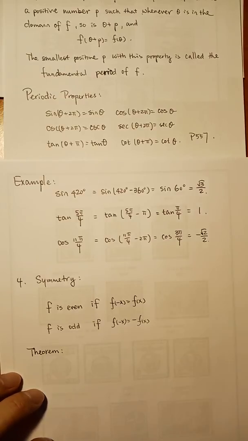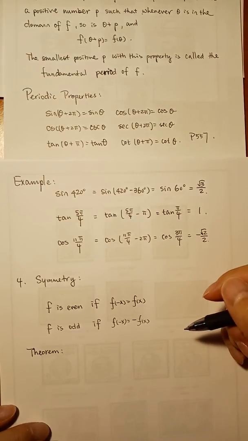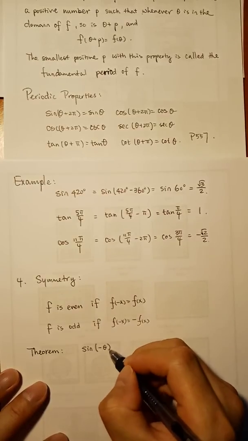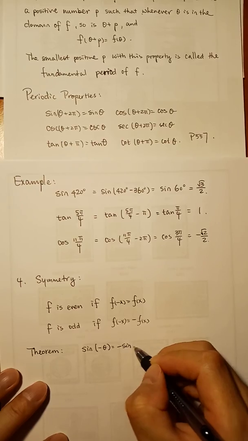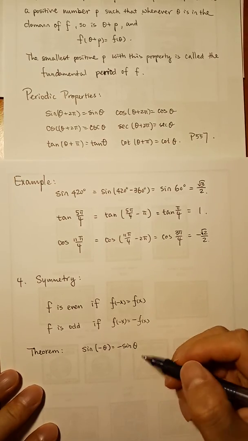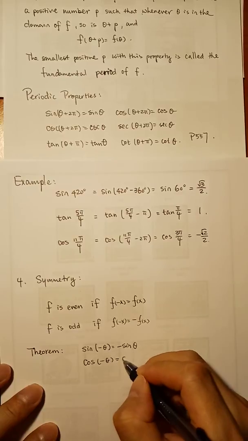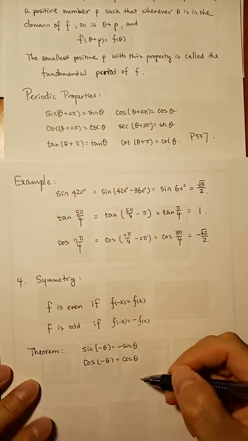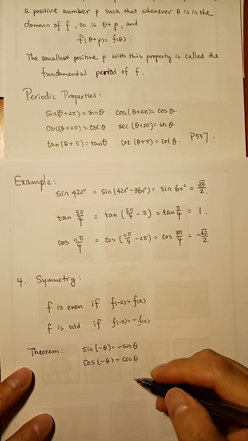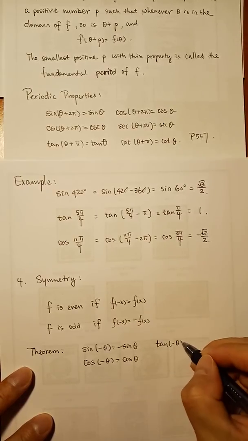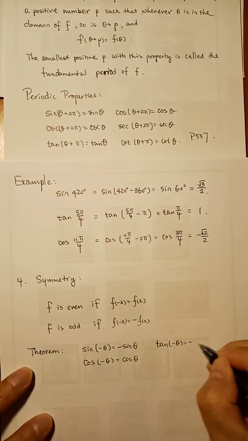There are 6 trigonometric functions. We know that sine is an odd function. Cosine is an even function. Tangent is an odd function.